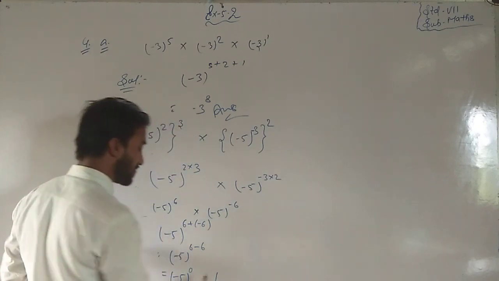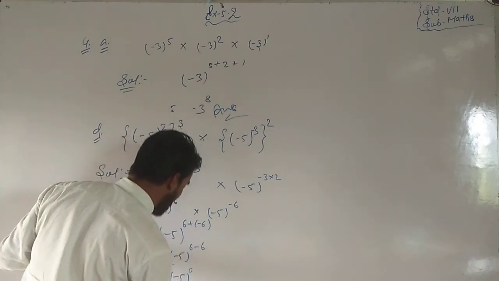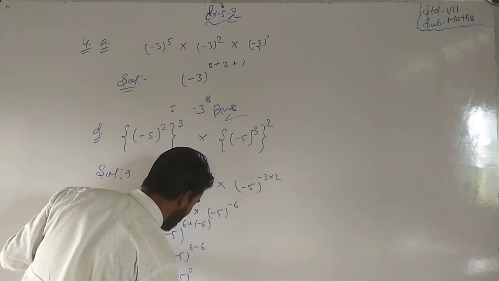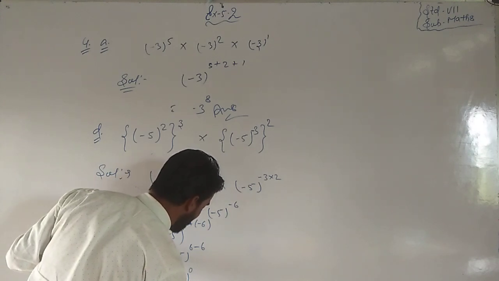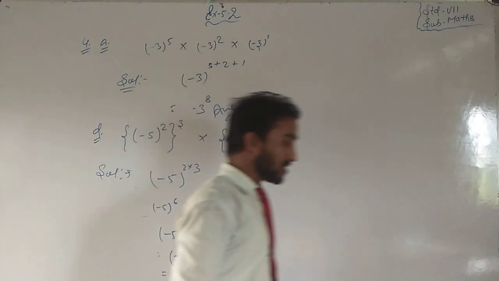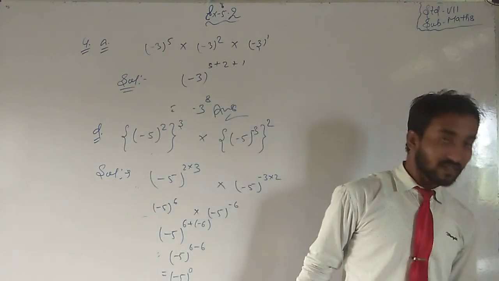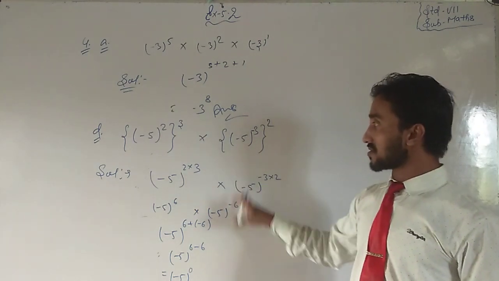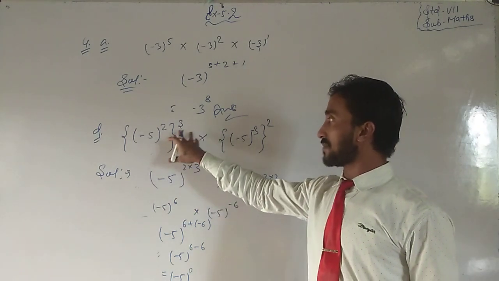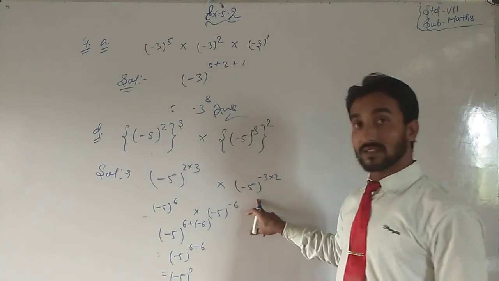When the base is any number and the exponent is 0, then what is the value of that number? What will be the value? So students, in these questions, simply we will multiply the powers. The base is already equal.